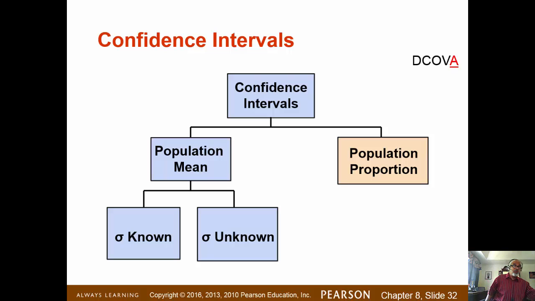Instead of mean mu, the equivalent of mu in this special population is pi, and we want to develop a confidence interval for that pi.